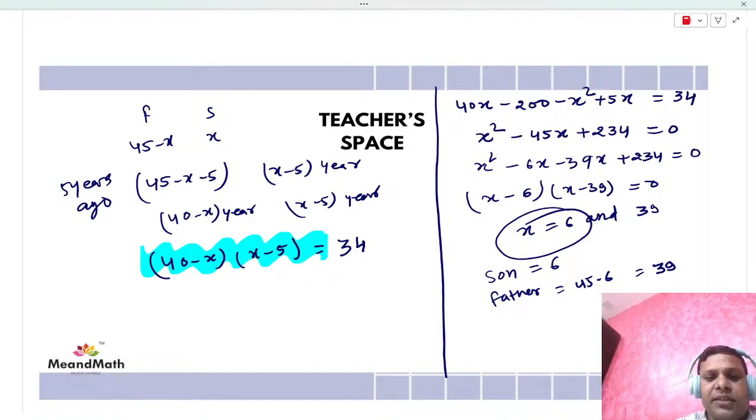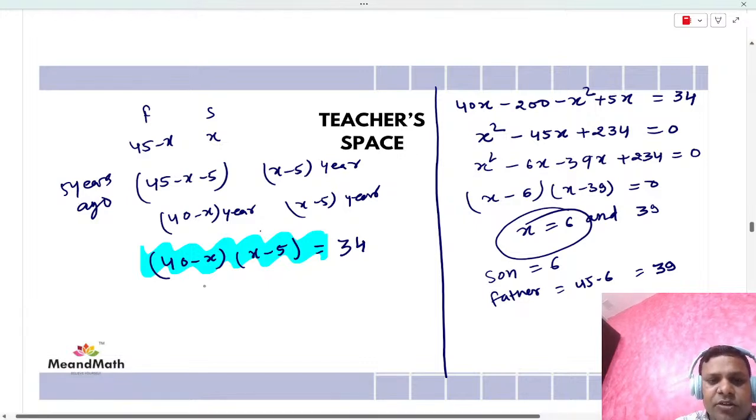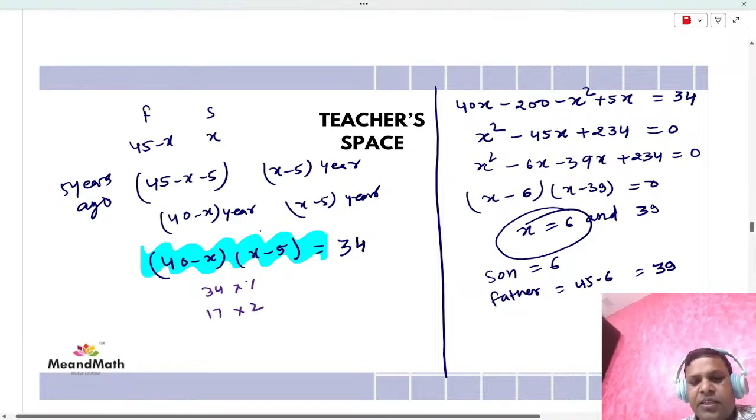So what is the possibility? And which number is small? This is the smaller one. So the possibility is 34 into 1. Second is 17 into 2. Any other possibility? No, there is no other possibility. Let's work with both possibilities.